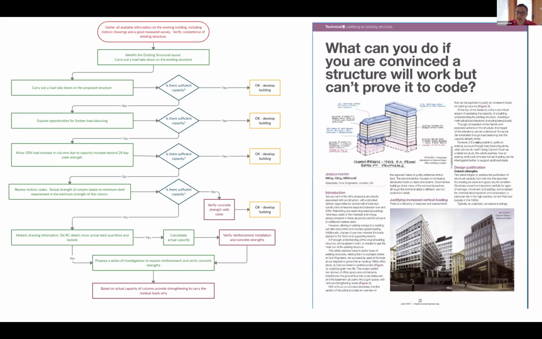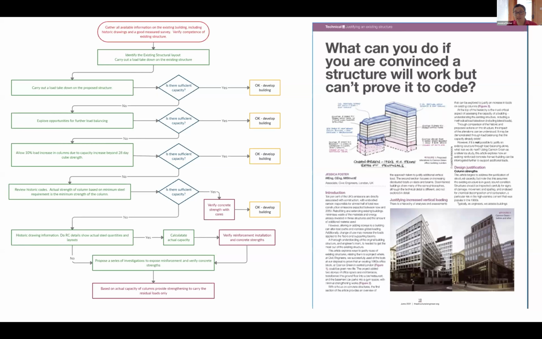So this flowchart is a tool we developed and published in the Structural Engineer in this snappily titled article. We developed this when we were working on a retrofit project called Cannon Green, and used it to break down and communicate our developing knowledge and understanding of retrofit design. It gives a step-by-step guide to justifying additional load onto a building, starting with the simplest tools of load balancing.